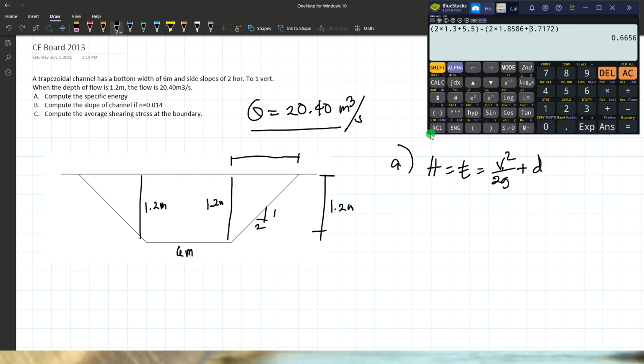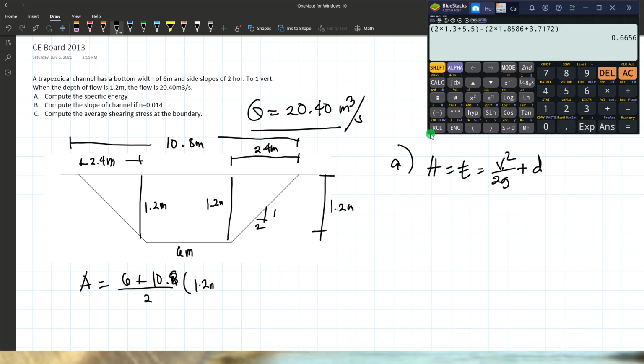If we have 1 is to 2, and the depth is 1.2, this horizontal distance here is 2.4, this is 2.4 meters. So we can now find the total area of this trapezoid. So 6 plus the total top width is 4.8 plus 6, that's 10.8. 10.8 divided by 2 multiplied by the depth 1.2. So that's the area.